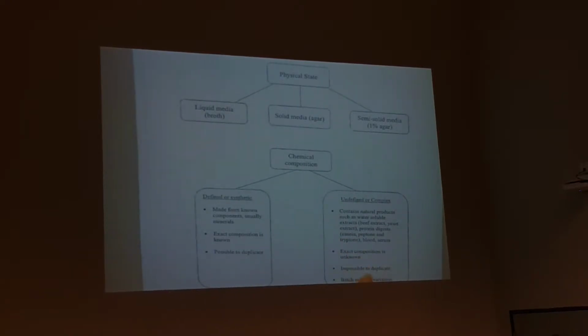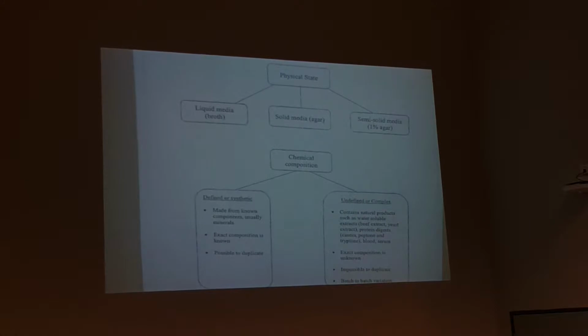The exact composition of the natural product is not known because, for example, let's say beef extract. Extract from one cow and extract from another cow may be different. Some may contain more of certain amino acids, less of certain amino acids. The other cow will have different components.